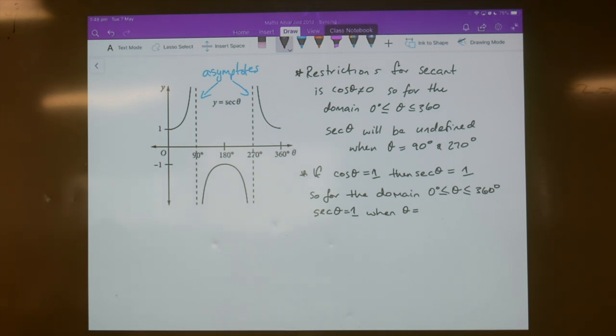There's 2 spots really. 0 and 360. And then sec theta equals minus 1 when theta equals our 180. Okay?